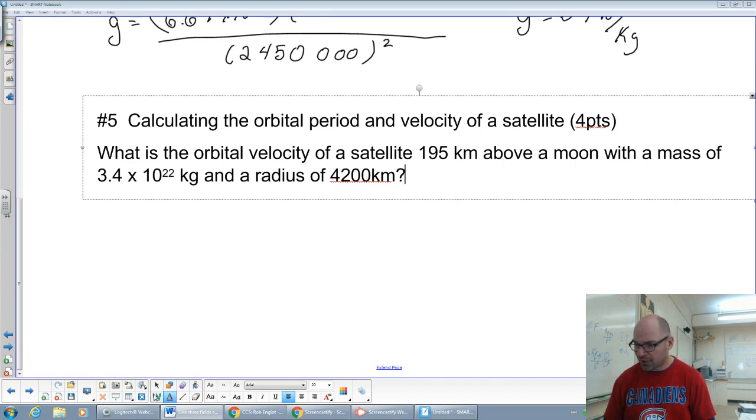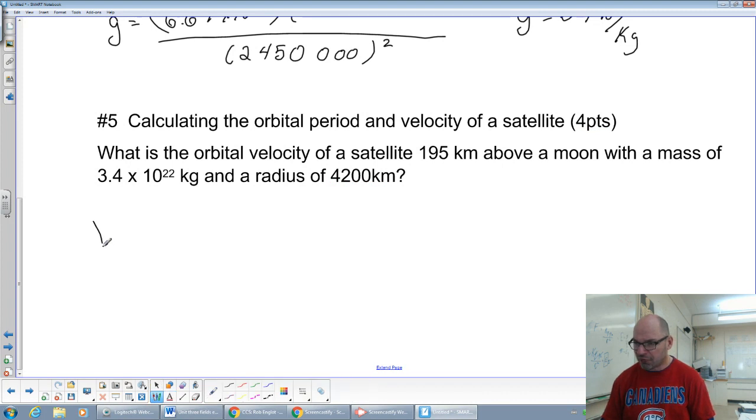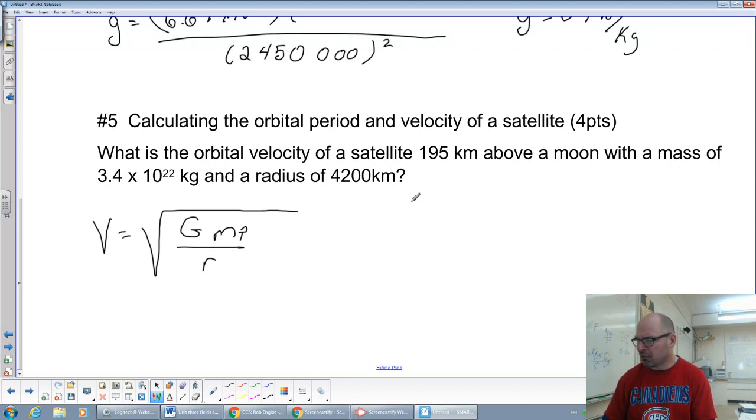Orbital velocity is equal to the square root of capital G, Newton's constant of gravitation, times the mass of the planet, or moon in this case, divided by the radius. The first thing we've got to do is make sure it's in meters because that's what G is in. The mass of the moon we're fine with: 3.4 times 10 to the 22.